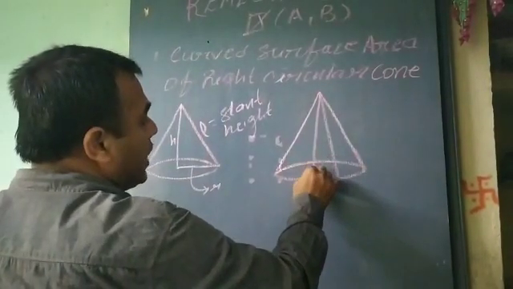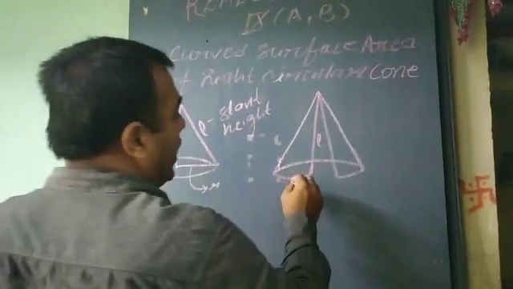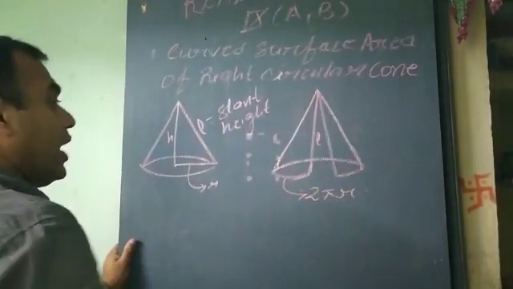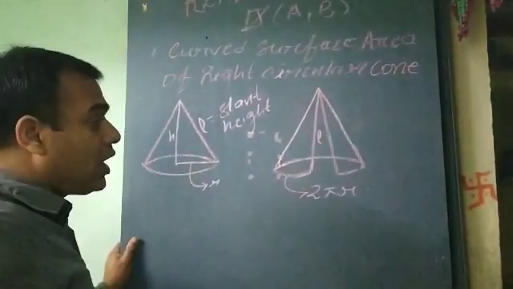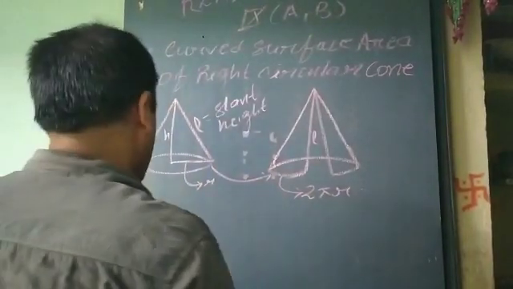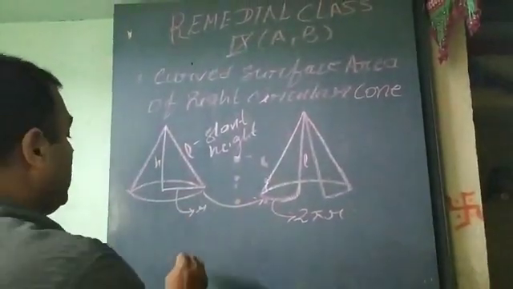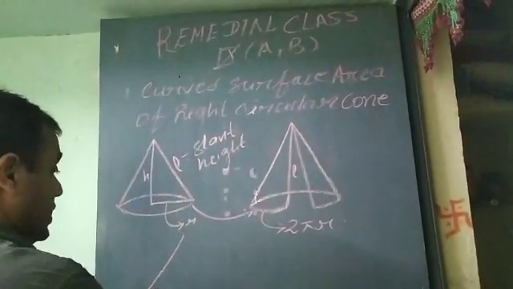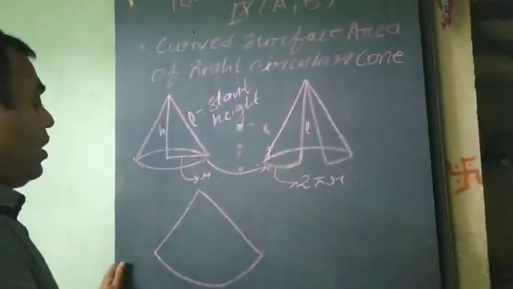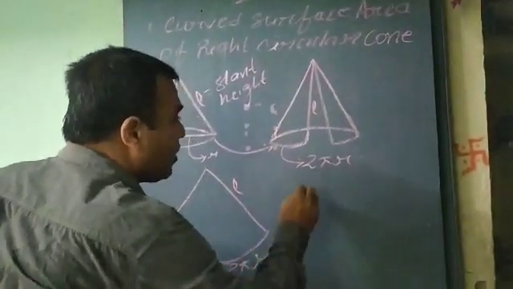When we start opening, this one will be L and this one is 2 pi r, that is the circumference of the circle. When we fold it and spread it, the figure will be of this type. This one is L, and this one is 2 pi r.